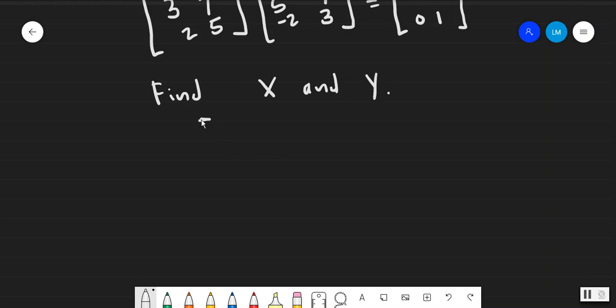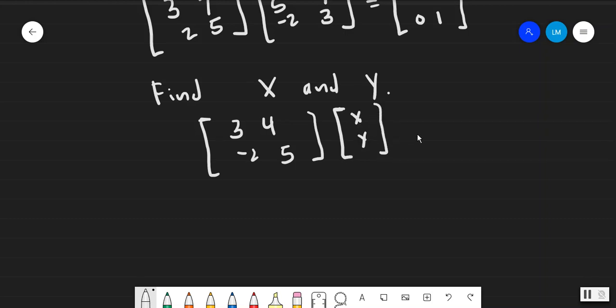So suppose that you have a matrix like [3, 4; -2, 5], and let's say that you have a matrix x and y, and that this equals 18 and 11.